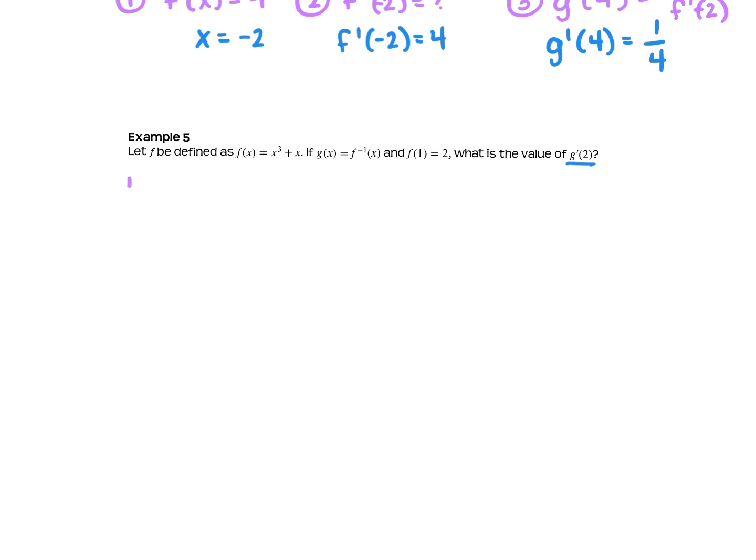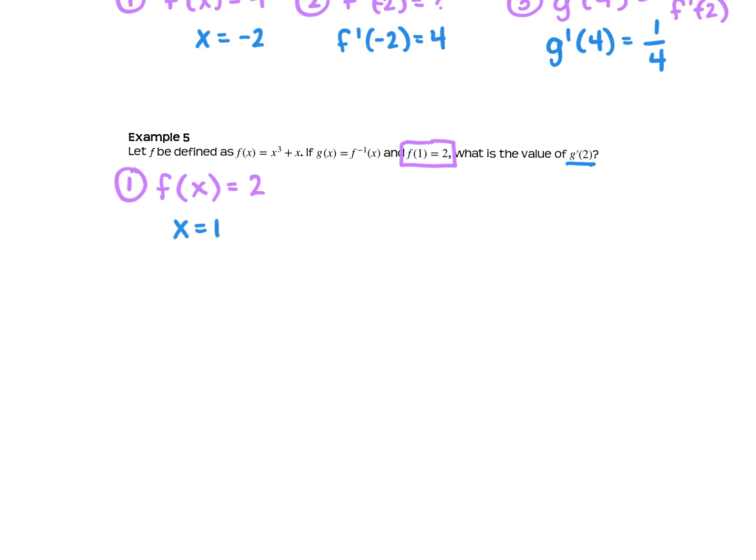So my first step is to ask myself, f of what x value gives me that 2? Because again, this would be the x value in the f function, which is what I need to use to find my derivative. So f of what makes 2? Oh, hey, look. They told me this right here. f of 1 makes 2. So this is x equals 1.